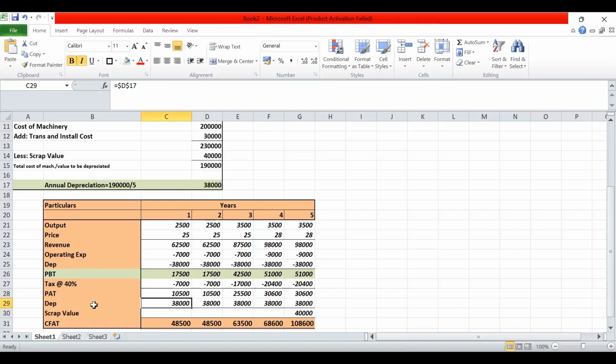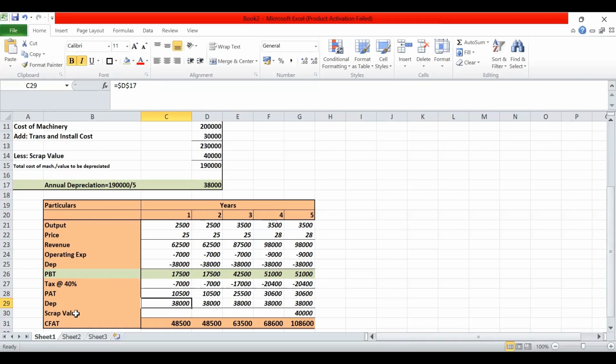Then depreciation. Now, in order to calculate the cash flows after taxes, we need to add back the depreciation amount because depreciation is a non-cash expense. So we can't include that. We will add it back. So therefore, 38,000, the amount we calculated earlier, is added back, and also the scrap value.